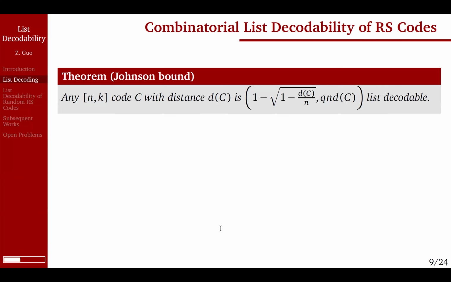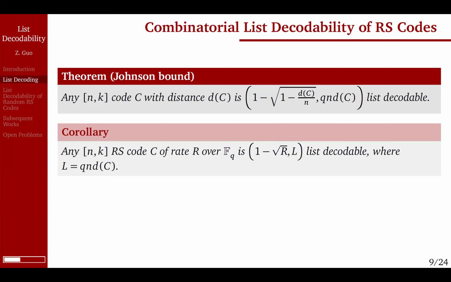Let's go back to the Johnson bound, which says any linear code with distance d is list decodable up to radius 1 minus square root of 1 minus d(C) over n, with small list size L. As a corollary, if you plug in the distance n minus k plus 1 for the Reed-Solomon code, you can list decode up to the radius 1 minus square root of R. This is the relative radius; the absolute radius is multiplied by n.